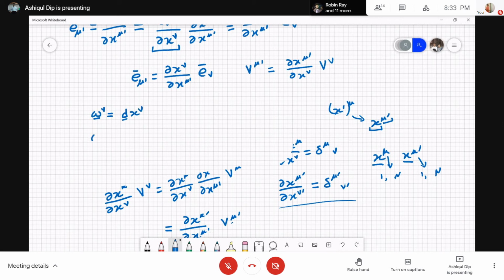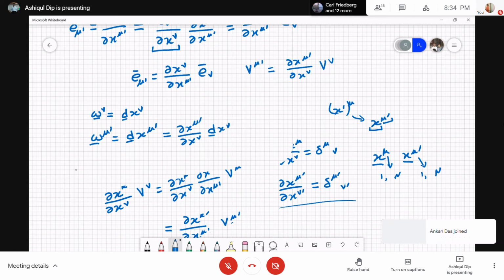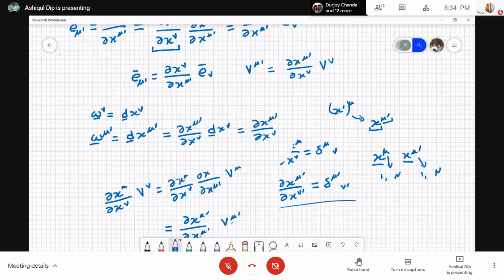So in the new coordinate, say ω^μ′ would be by definition dx^μ′. And dx^μ′ can be expanded in terms of the older coordinates, that would be ∂x^μ′ by ∂x^ν dx^ν. And dx^ν is nothing but ω^ν, so we can write ∂x^μ′ over ∂x^ν ω^ν.